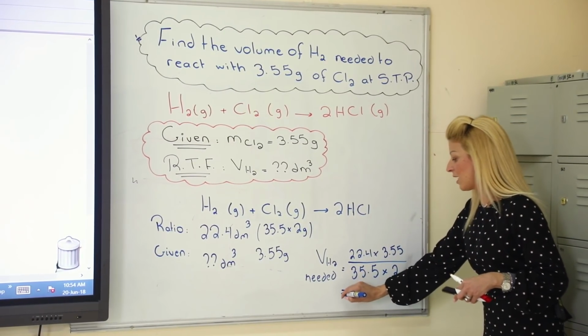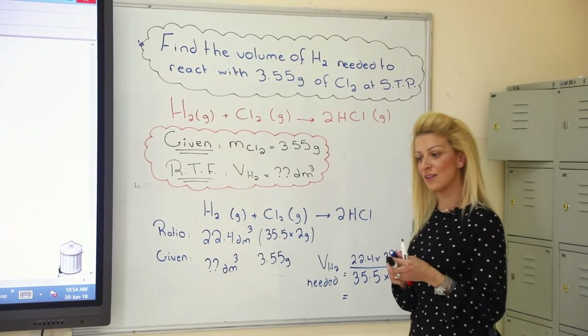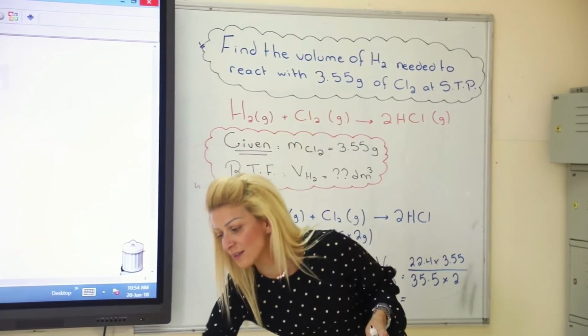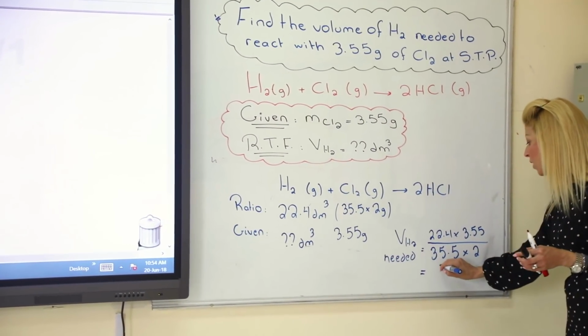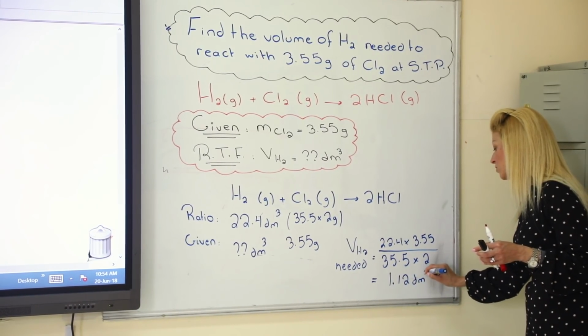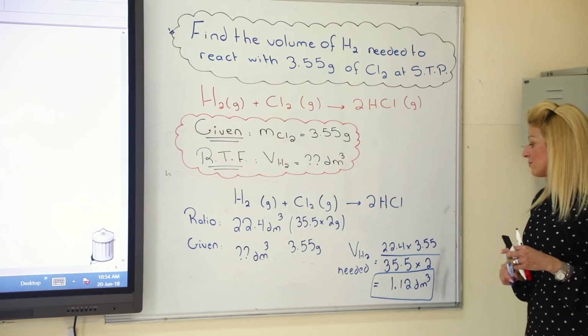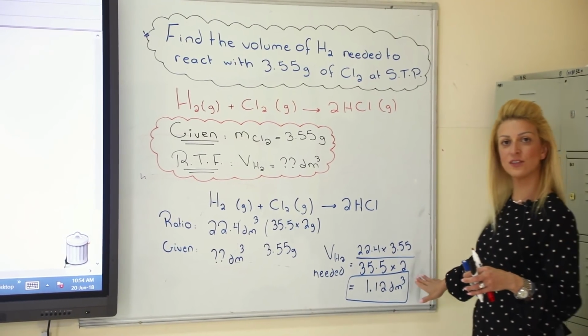If you use your calculator to get the value of the volume, you will see that the volume of hydrogen gas will be 1.12 decimeter cubed.